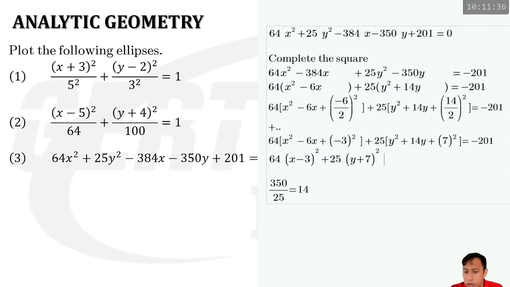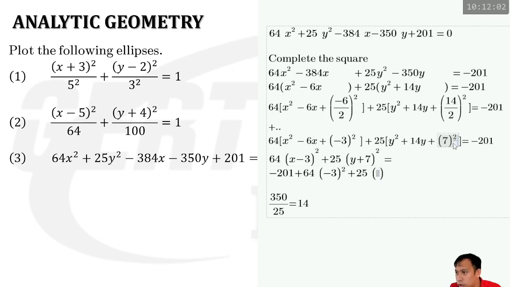Yung i-add ko dito sa right side should be equal to this negative 201 plus 64 times negative 3 squared. And dapat yung i-add dyan, plus 25 times 7 squared. Yan yung i-add dyan. Okay?